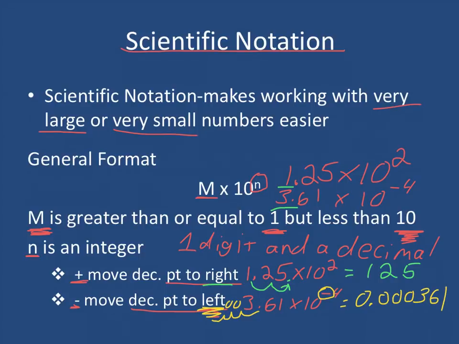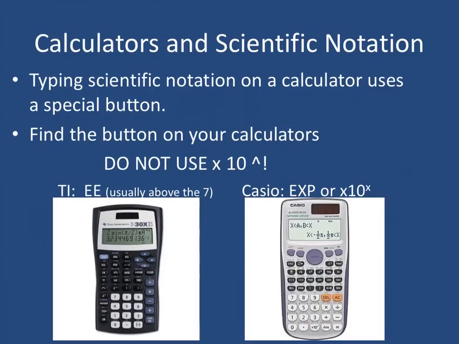All right, we're going to mosey on and kick it up a notch here. The biggest problem that we run into here in chem with scientific notation is using scientific notation numbers in calculators, because at times you will need to do this.